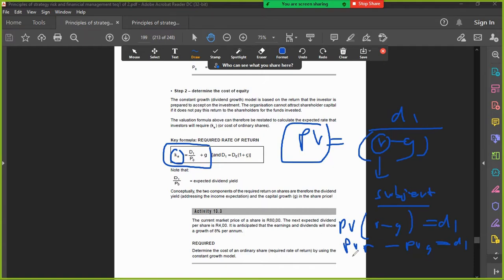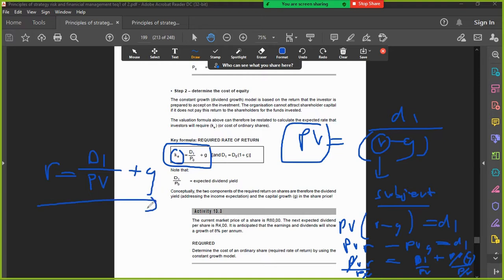So PVR equals div 1 plus PVG, and then I divide by PV throughout. You've got div 1 over PV. This PV cancels with that PV, you're left with the G. Do you see that? I see. That cancels, you're left with the R. So R equals div 1 over PV plus G.